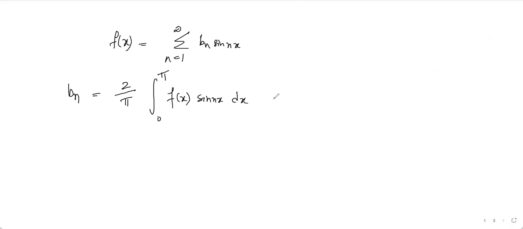Over the interval 0 to pi, f of x is k. So 2 by pi integral 0 to pi k sine nx dx. Now let us integrate this.